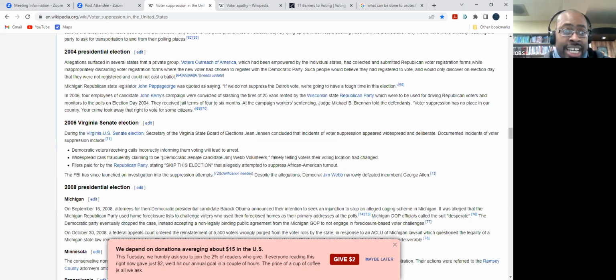They received jail time, so they spent 4 to 6 months in prison because of that. At the campaign workers' sentencing, Judge Michael B. Brennan told the defendants, voter suppression has no place in our country. Your crime took away the right to vote for some citizens.